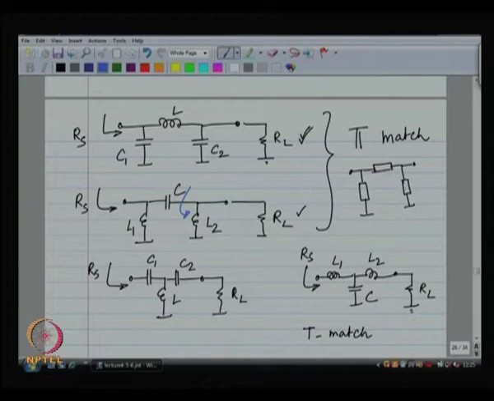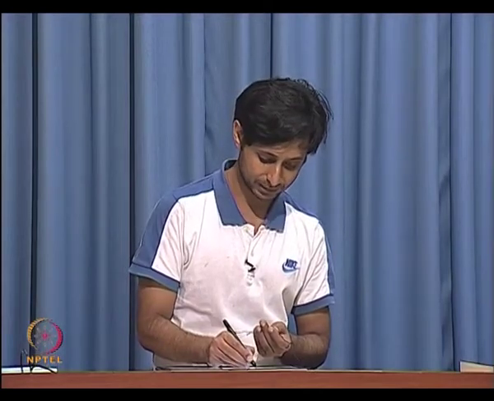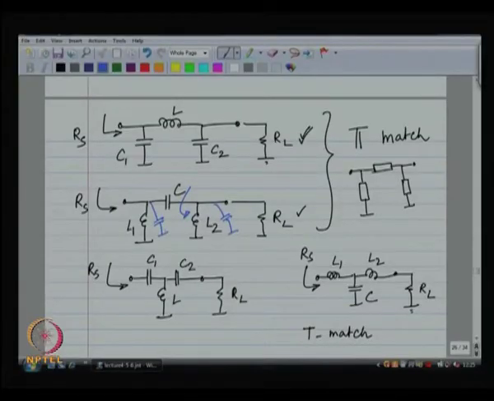It is very hard to make this, because whenever I place L 2, there is automatically going to be a parasitic capacitance between the node, the load and ground. There is automatically going to be another parasitic capacitance here. Whereas, in this case if I have these parasitic capacitances, they can be lumped inside the capacitors.